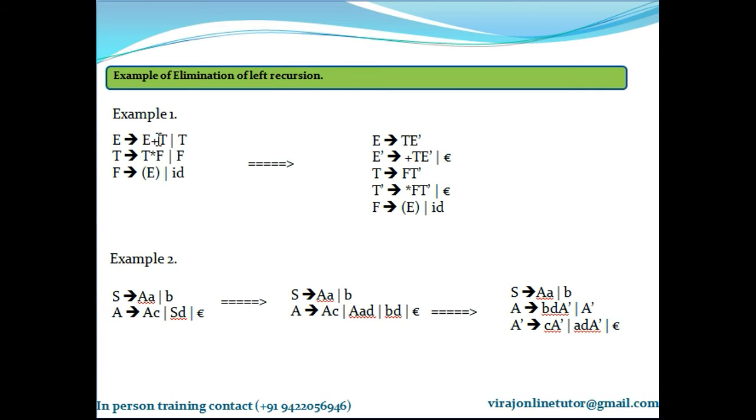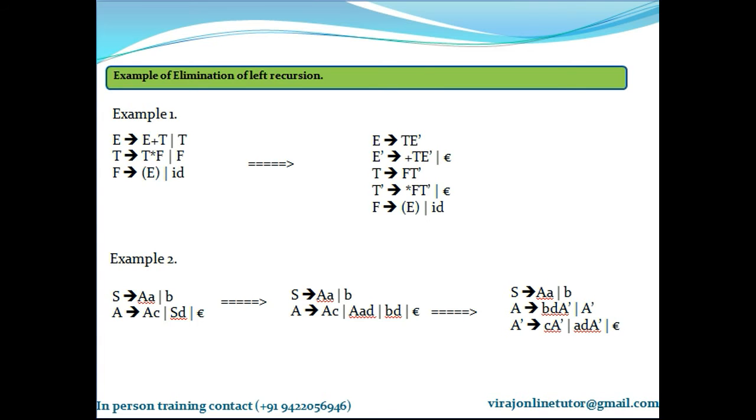So A is capital E, alpha is plus T, T is beta. If I compare this with the formula on the previous slide, alpha is plus T, beta is capital T. So how to convert this? E gives T E dash and E dash gives plus T E dash or epsilon.